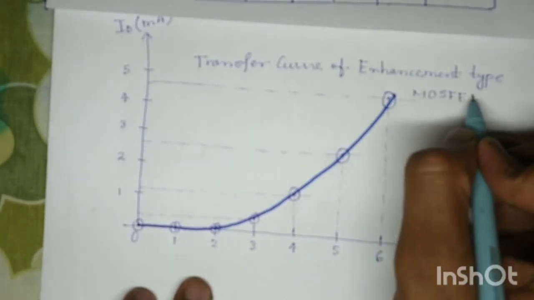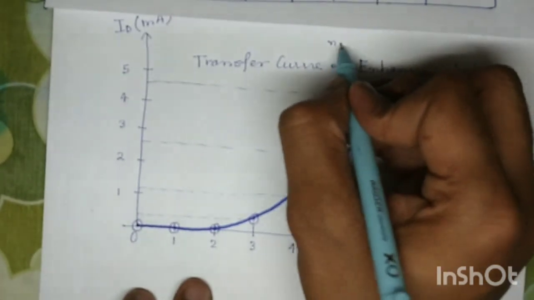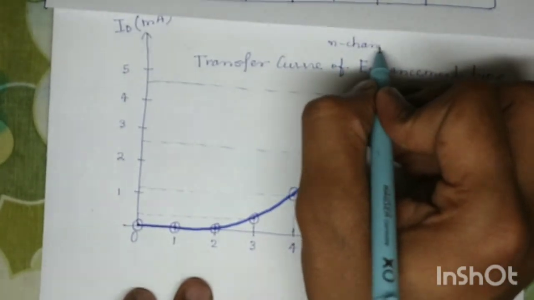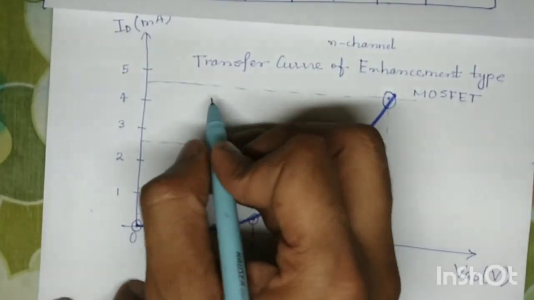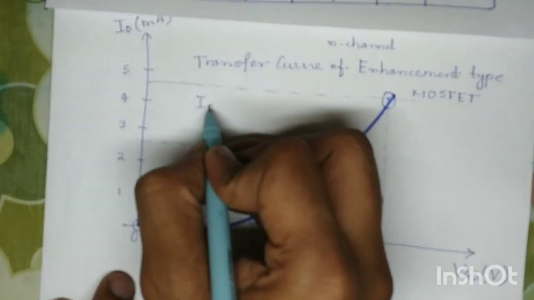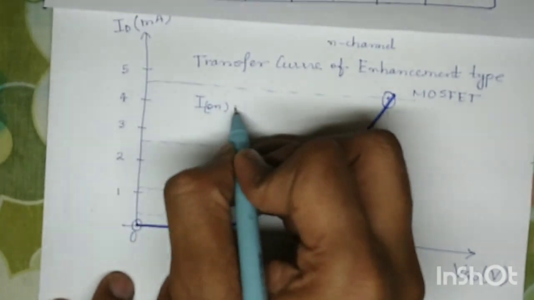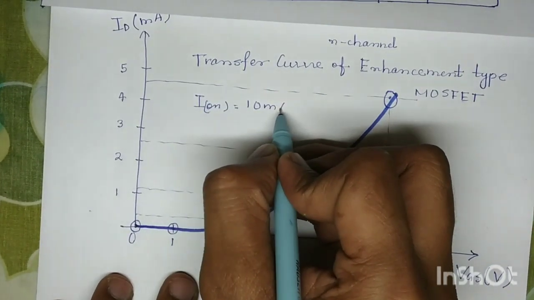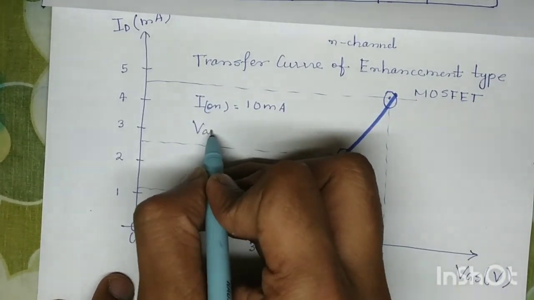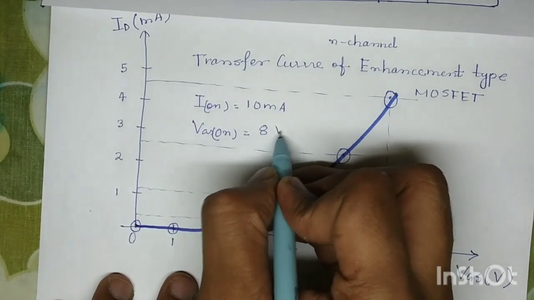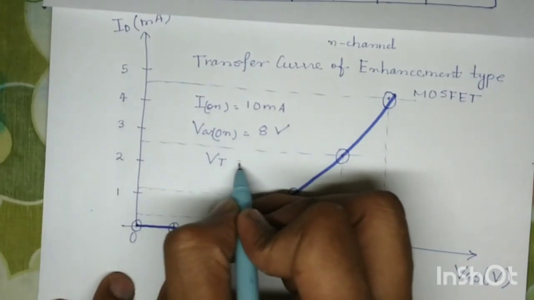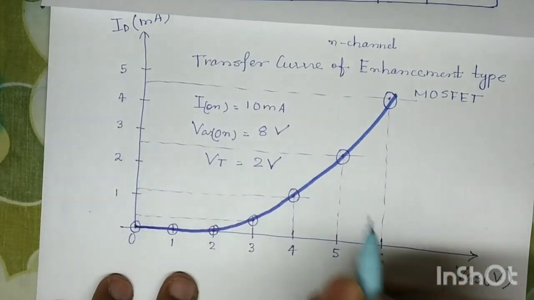Or better I can say this is an N channel enhancement type MOSFET with the specification ID on is equal to 10 milliampere, VGS on is 8 volt and VT is equal to 2 volt.